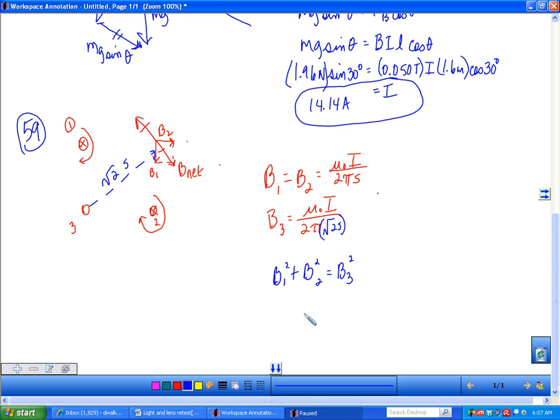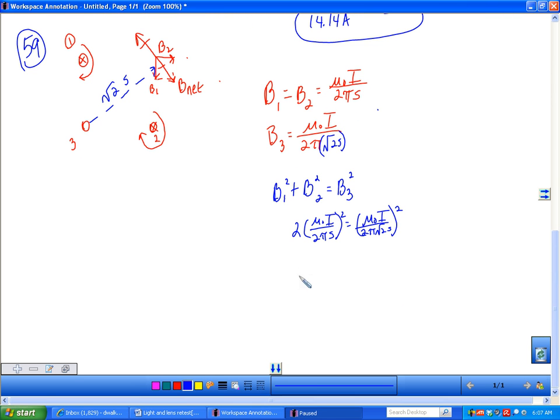So if that's true, then I can say that 2 times B1 squared, which is mu naught I over 2 pi S squared, is equal to B3 squared. So B3 we said would be mu naught I over 2 pi square root of 2 S, all squared. All right, so let's just do the algebra.